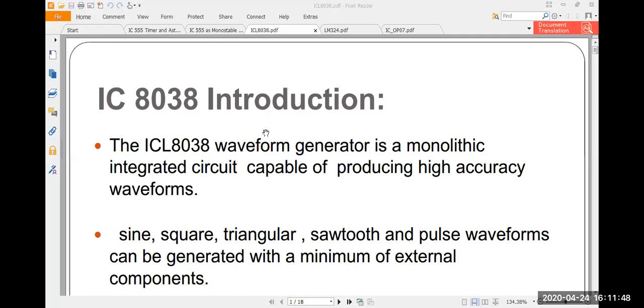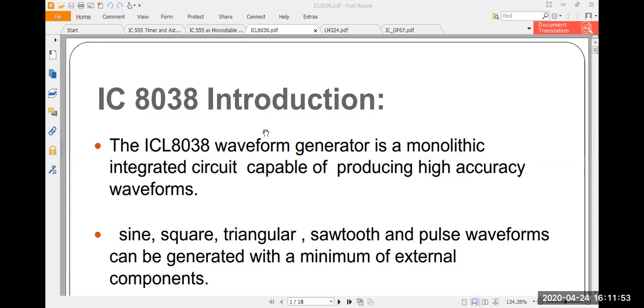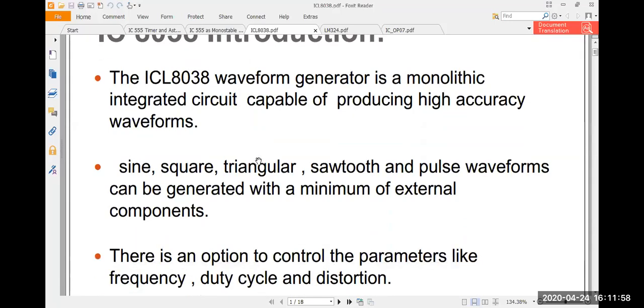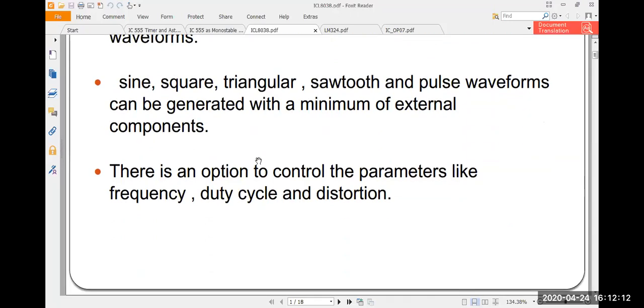So as you can see, this particular IC 8038 is a waveform generator which produces high accuracy waveforms. What are the different waveforms it can generate? A square, sine, triangular, sawtooth, and pulse waveforms. And what is the important thing as far as this IC is concerned? We can have control over the parameters, which is frequency, duty cycle, and distortion.